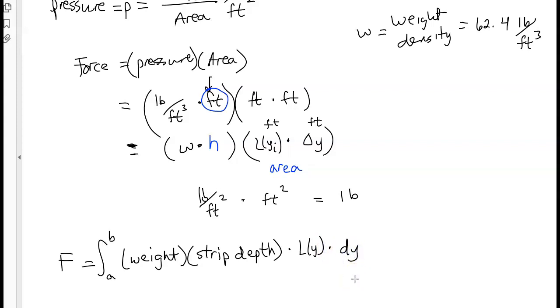Now, how we get that is, of course, this weight and this height are just going to be what they are, right? But for this area part, this could be a summation of what this length will be at a particular y value times delta y.